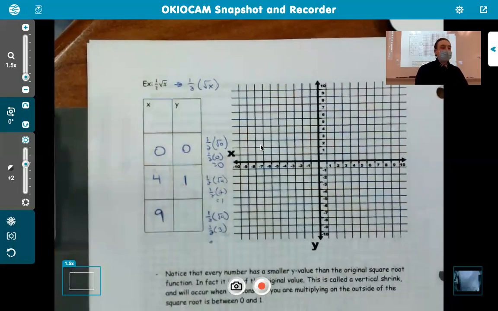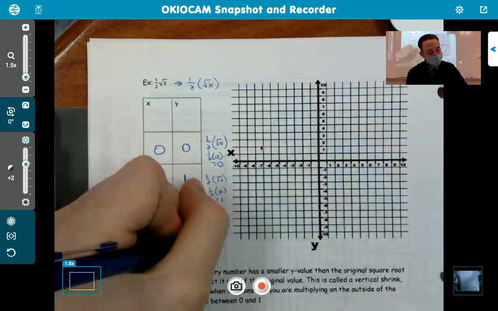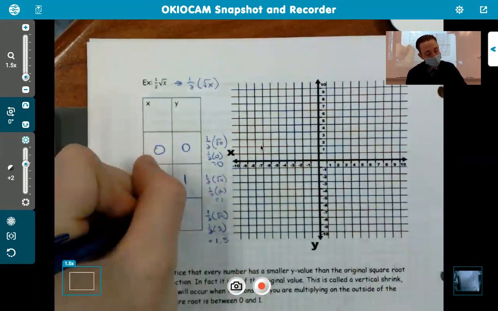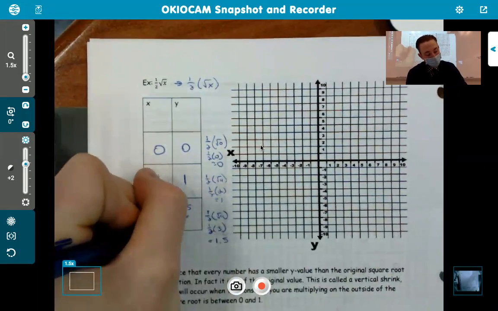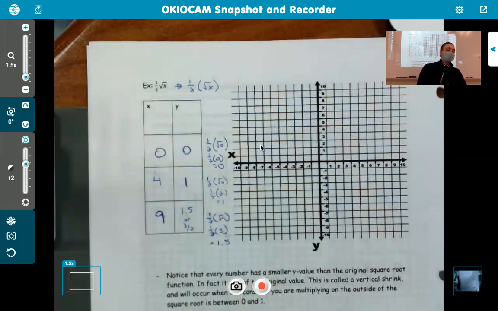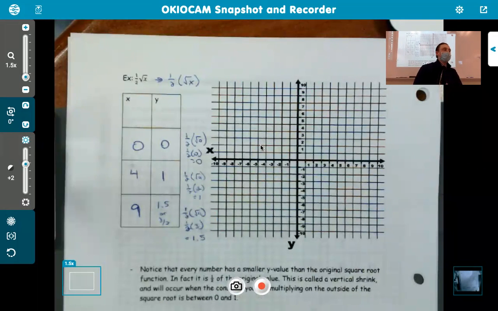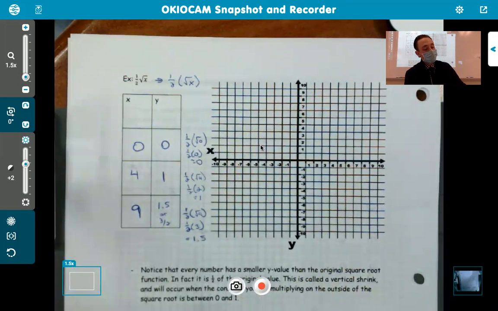And what's 1/2 of 3? 1.5. You could say 3/2 or 1.5, either way. Might be easier to work with decimals in this case since we're plotting points, right? It's a little bit easier to know what 1.8 is rather than 9/5, right? So work with decimals if you need.